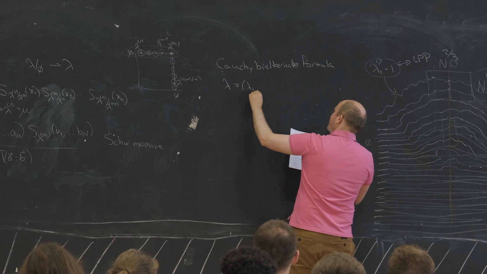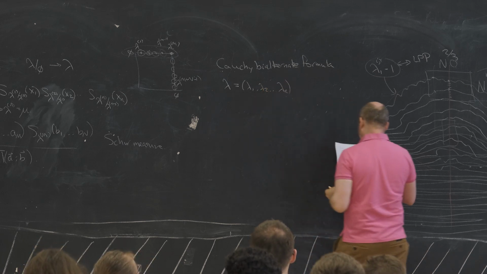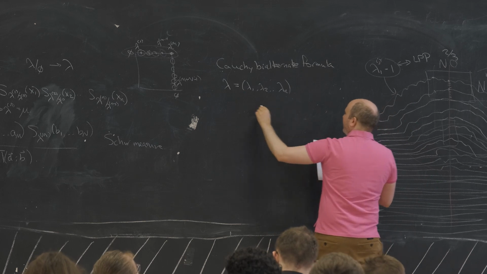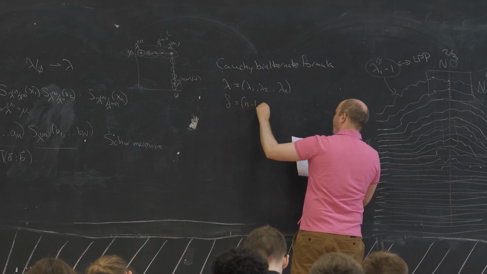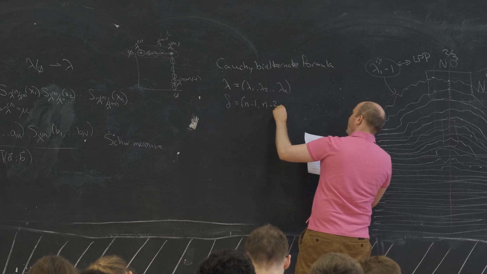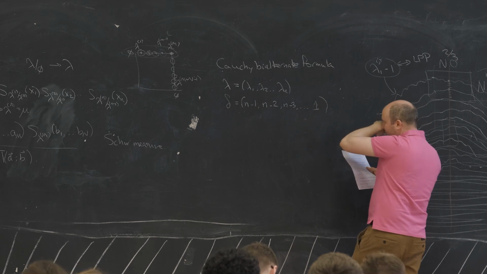So if you have a partition, lambda 1, lambda 2, up to lambda n, so let's assume it has n parts. And let me define something that I'll call delta. This is this sort of staircase partition all the way down to 1. Okay.